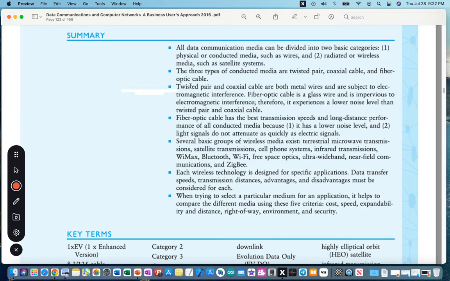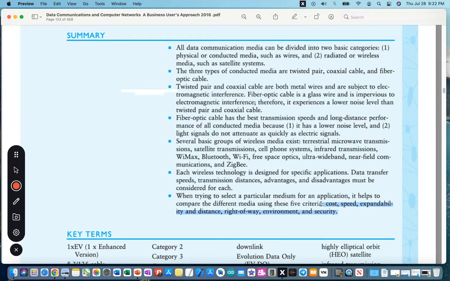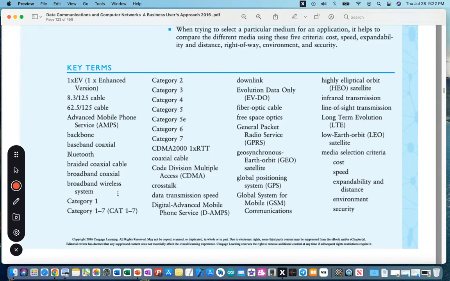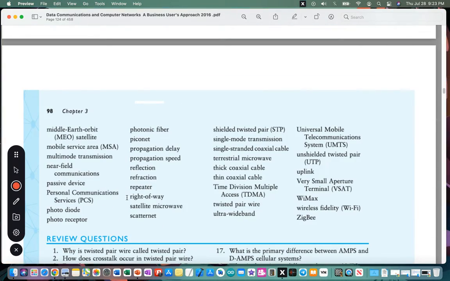The summary of the whole chapter is here. But again, to answer the exercises, a full read is required. The key terms of the chapter are here, and we have some of the terms here, the new words. All right.